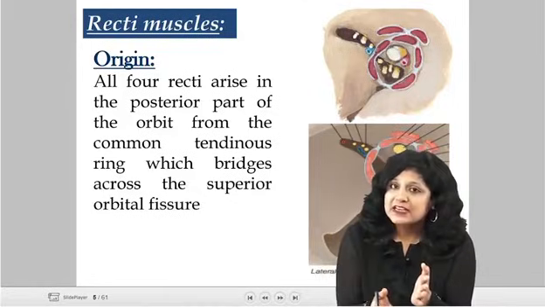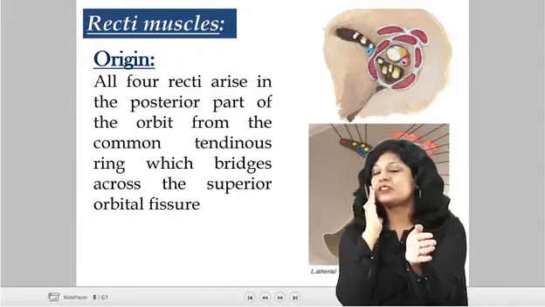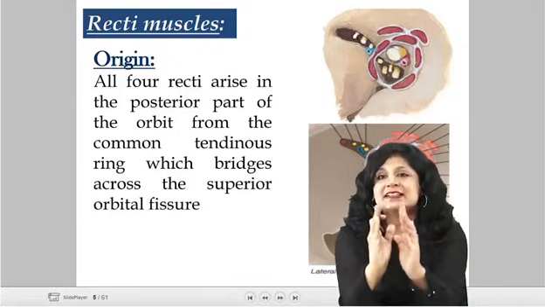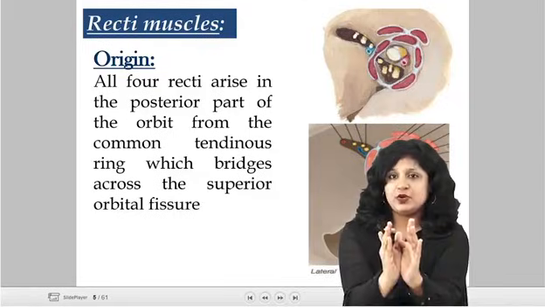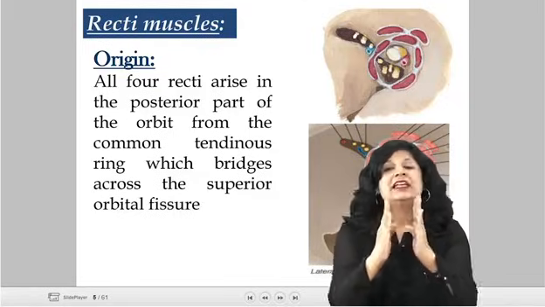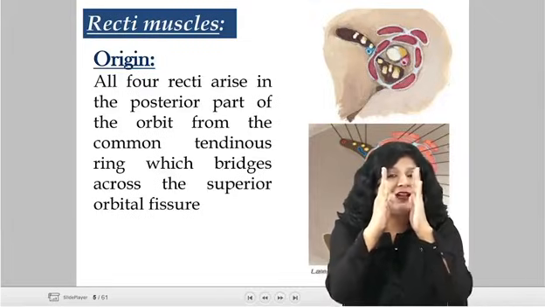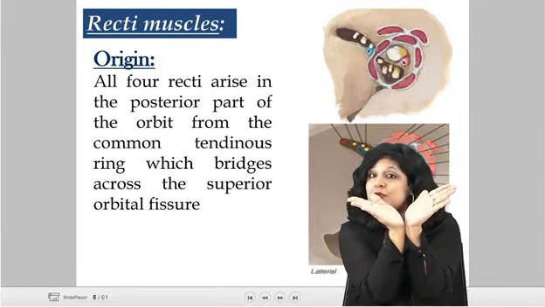The orbit is pyramidal in shape. The apex of the orbit lies posteriorly and the base lies anteriorly, as we already know. The medial walls are parallel to each other, and the lateral walls are perpendicular to each other.